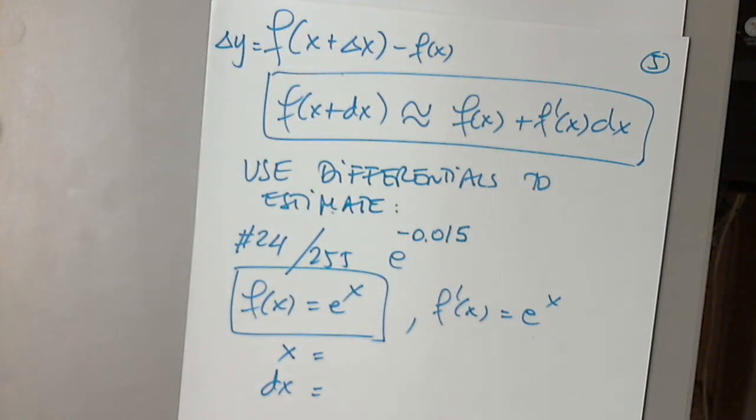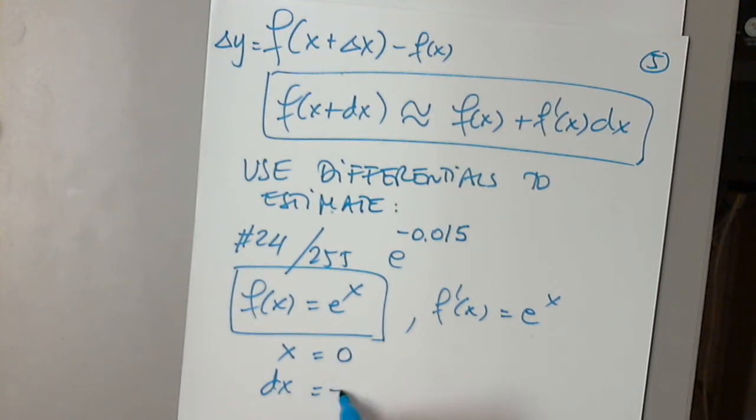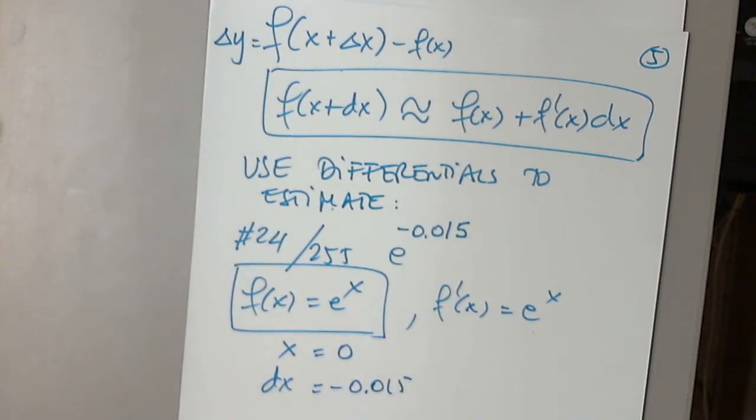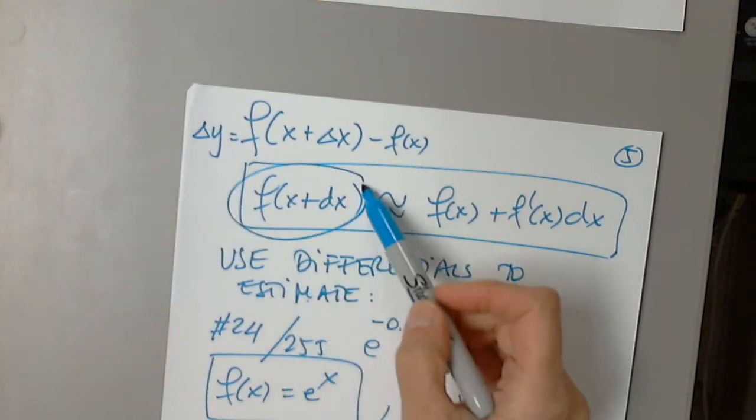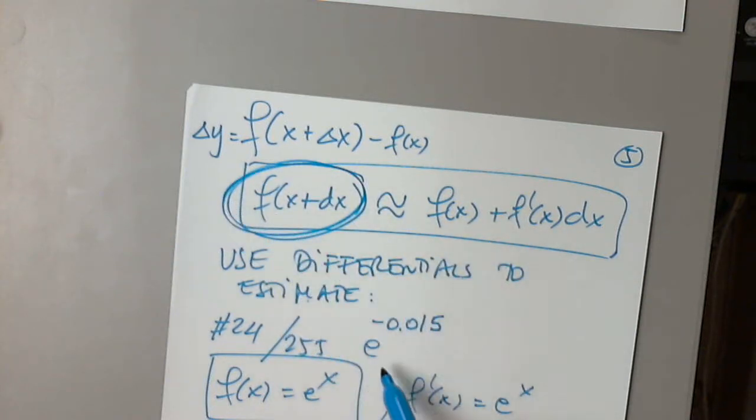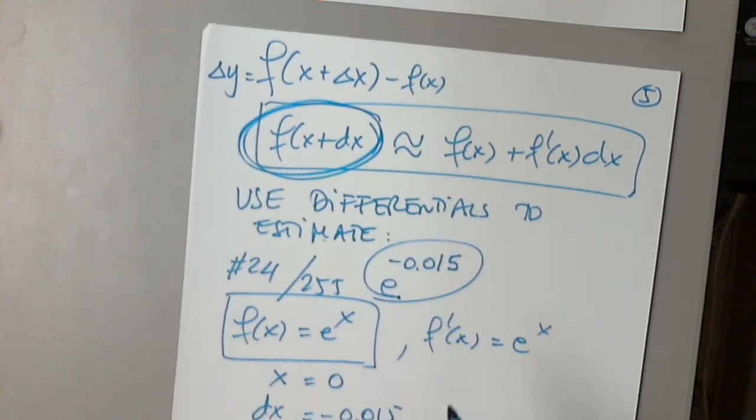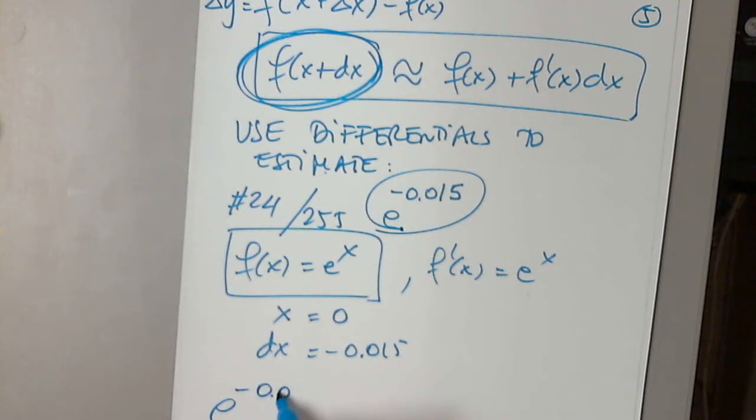X is 0 and dx is negative 0.015. Absolutely. That's the closest integer that I can think of close to negative 0.015. Very good. So then, this side is this. So e to negative 0.015 is approximately.